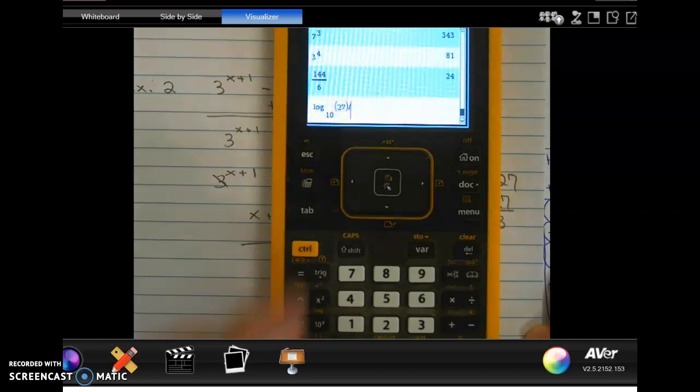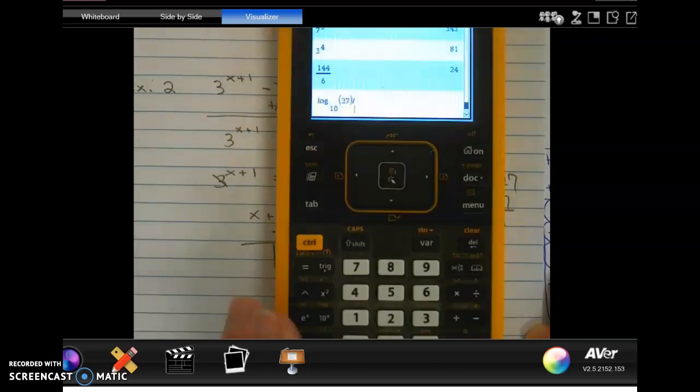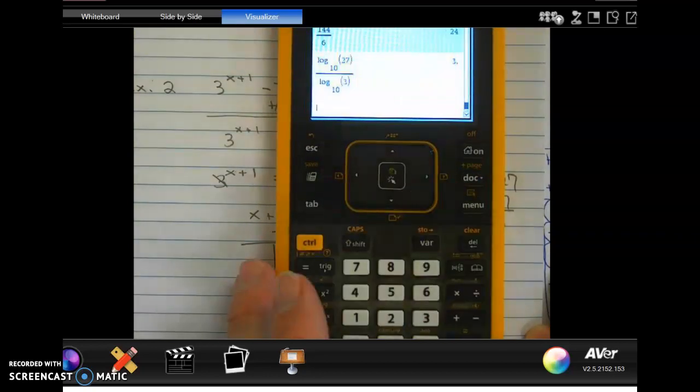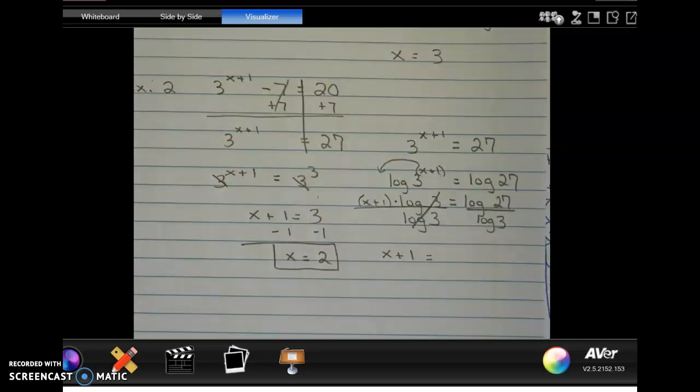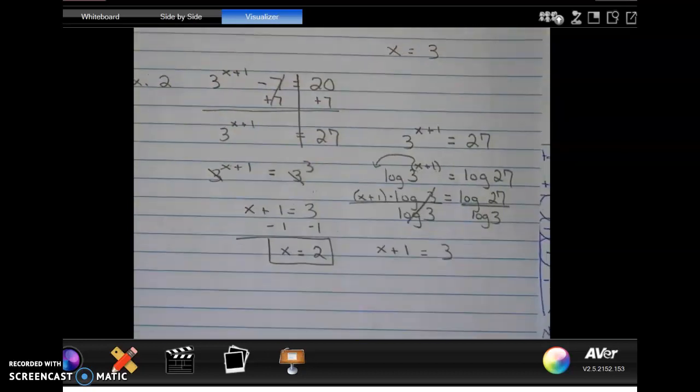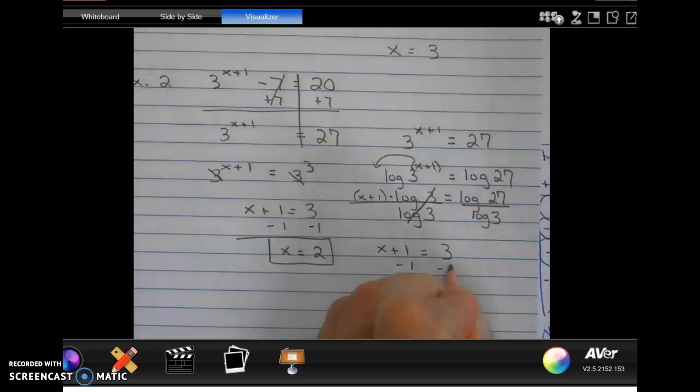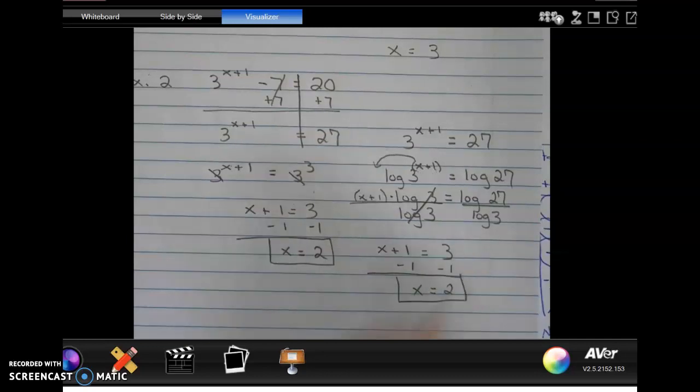Divided by the log of 3. Okay, and so we get 3, and subtract 1 on both sides, x equals 2.